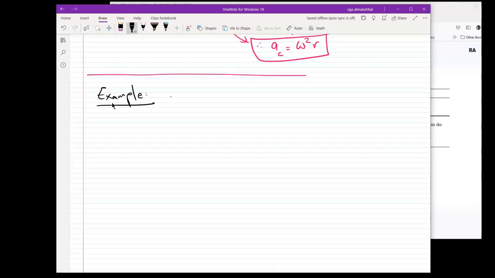So here we have a Ferris wheel, and given to us is that the radius is 9 meters and it rotates at a rate of 4 rev per min. Again, you can think of this like frequency. I'm going to call it f for now, and immediately convert it into revolutions per second.